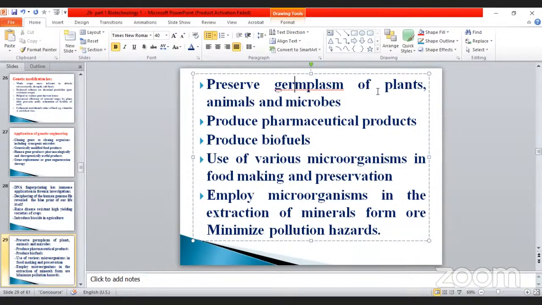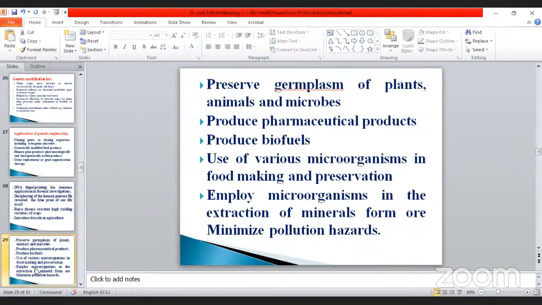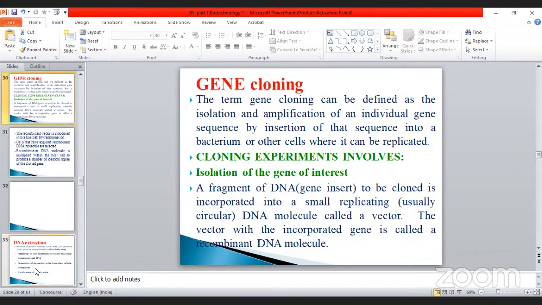If you want to isolate the minerals, particularly iron, copper, sulfur, phosphate, water content, mineral ores, what are the minerals we can extract from the ore? At that time they use microorganisms. The microorganisms are used for the extraction of minerals from the ore only. So such cases, the applications are also important, of genetic engineering.